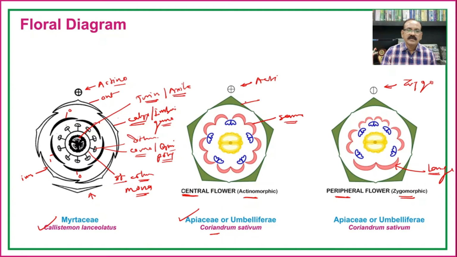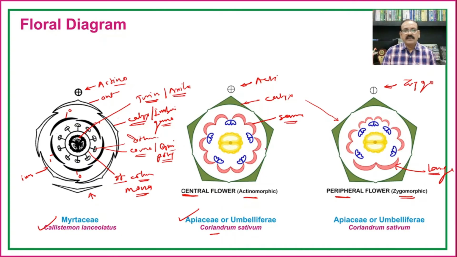Then the sepals or the calyx in both the central flower and the peripheral flower are the same, that is the presence of 5 sepals, fused, the gamosepalous condition, and the estivation is valvate.